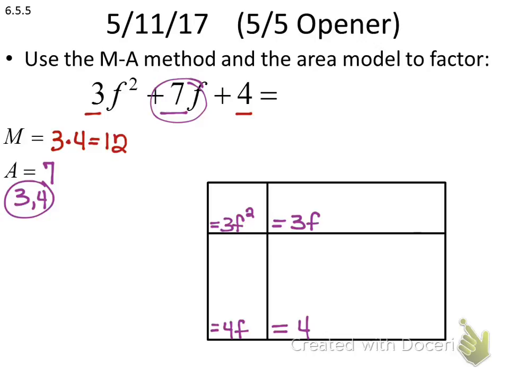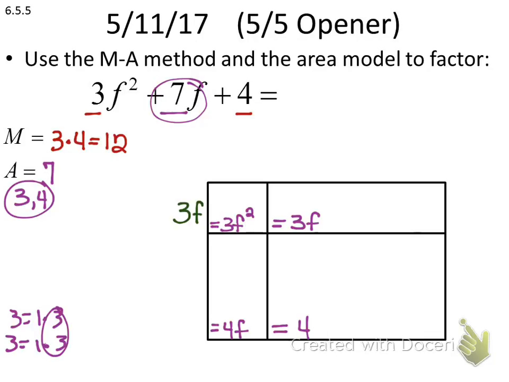So if I write out my 3's like that and I find my prime numbers, well, what number do they share? 1 and 3, but what's 1 times 3? 3. So my greatest common factor is 3. Now, what's the variable that they both have in common? F. This becomes my height.